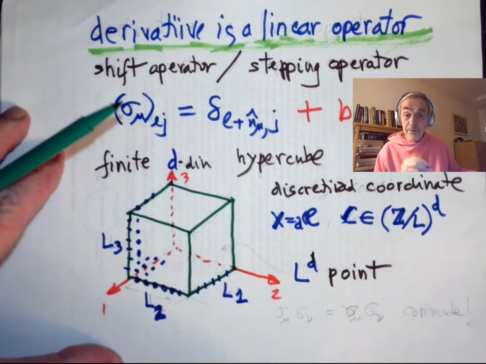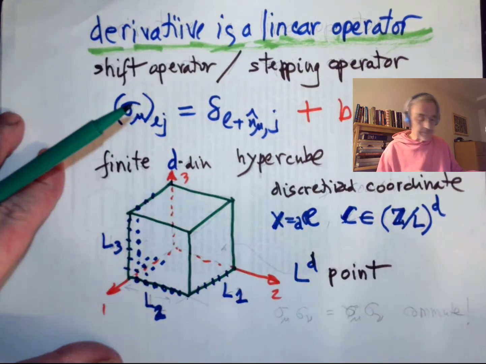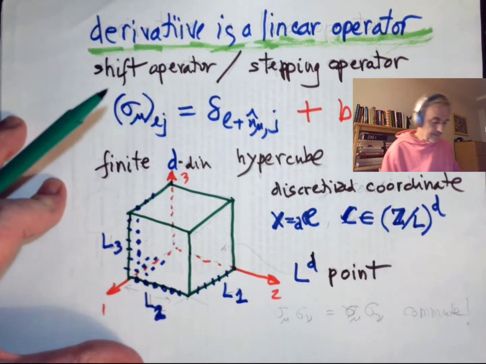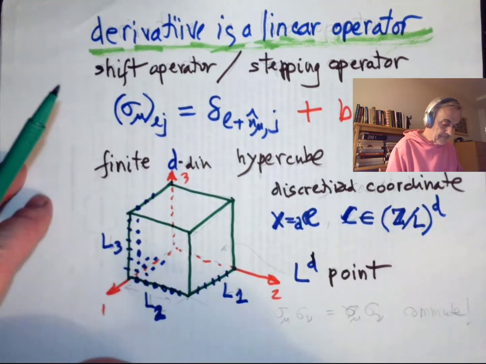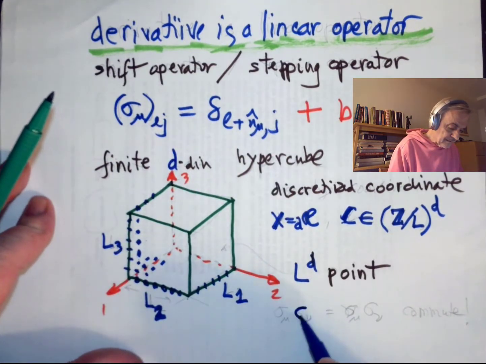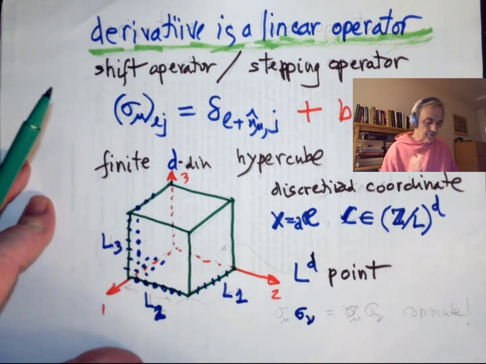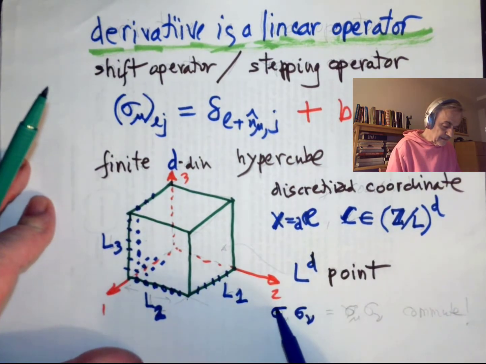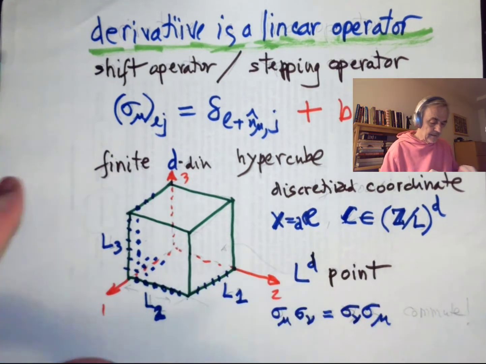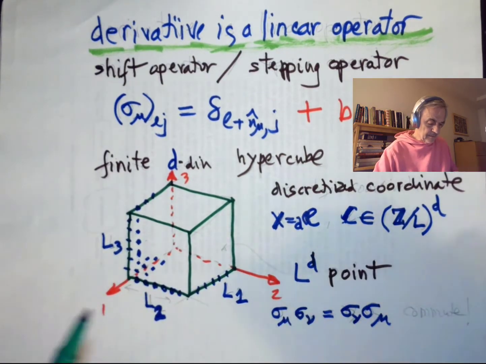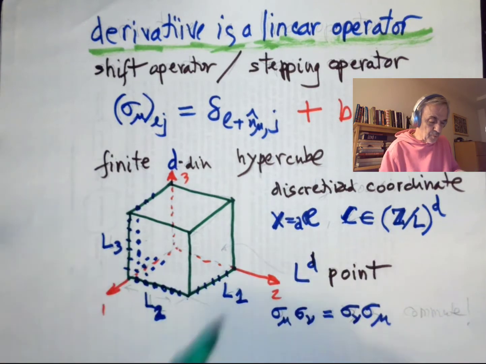But a hypercubic lattice has one wonderful feature: not only are these operators linear, but it actually doesn't matter whether I first shift in the mu direction and then in the nu direction, or I do it in the other order. In other words, these operations commute.